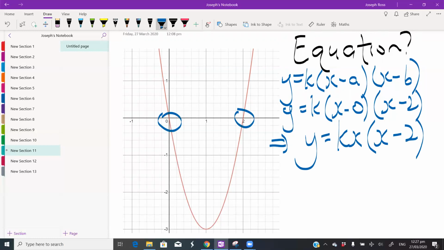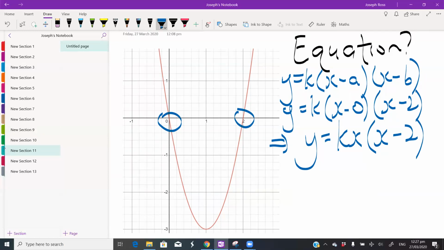Now to find the value of k, what happens if we substitute in our value of the y-intercept? Well, if we put in the y-intercept, we're going to get 0 on the left-hand side. Because we know the x-intercept is 0, the y-intercept must also be 0. So y is 0.